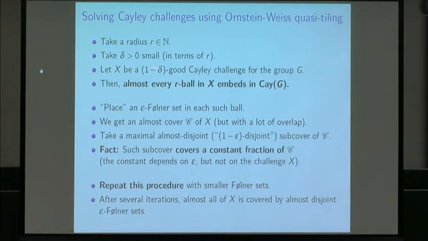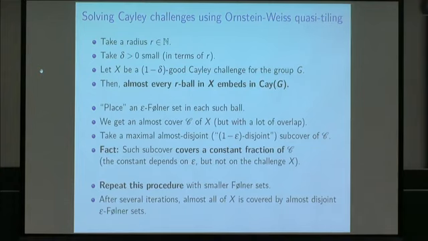Being good just means that locally the relations look good, but if I'm at a point which has a very big neighborhood where all the vertices are good, then if the neighborhood is large enough, the entire ball around the vertex looks like it lives in the Cayley graph.